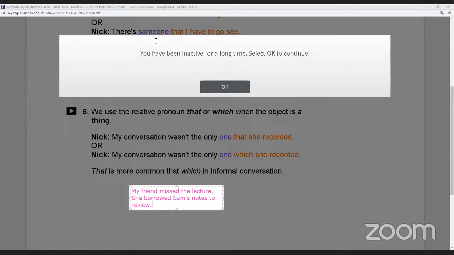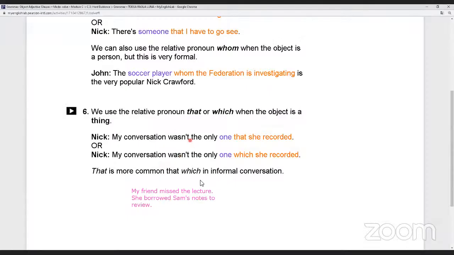Okay. Now, as you can see, we have 2 sentences. My friend missed the lecture. She borrowed Sam's notes to review. Can you please combine these 2 sentences in one?